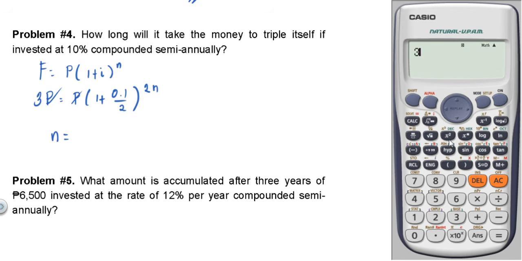So, we have 3 equals 1 plus 0.1 over 2, then raised to 2 times x. If solve for x equals 11.26 years. 11.26 years. Oh, ganun pala kahaba, no?